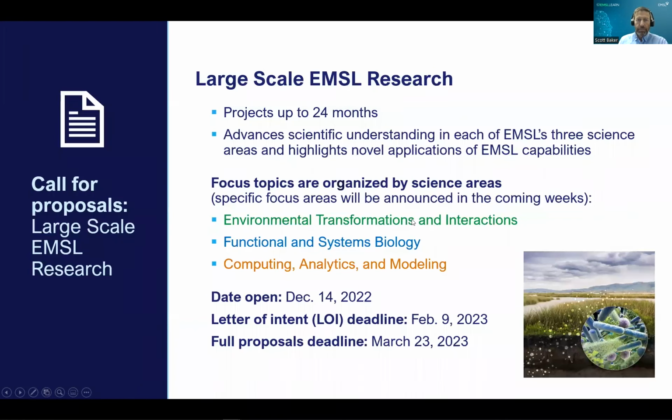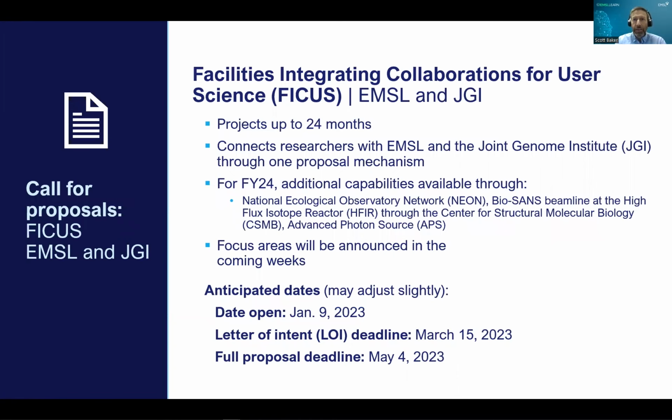The FICUS proposal is an exciting partnership that was originally EMSL and the DOE Joint Genome Institute. And this is also for access up to 2 years, and it connects researchers with both EMSL and JGI through a single proposal mechanism. And then in addition, for this upcoming proposal call, we have partners at NEON, Biosands, and the APS.